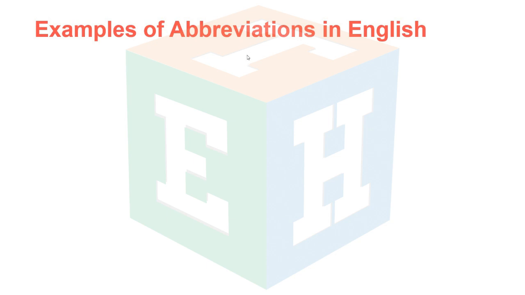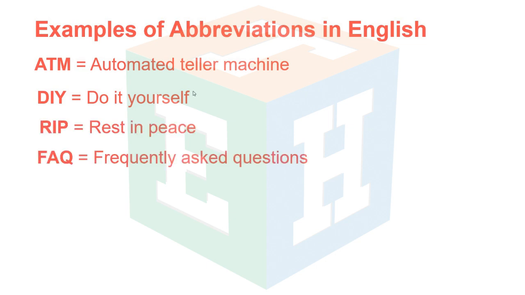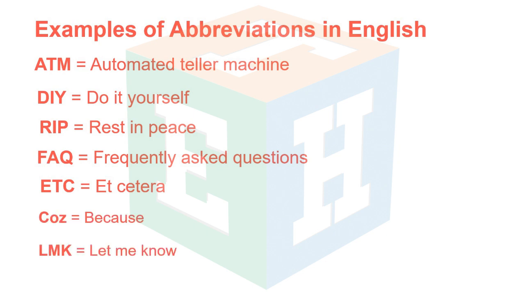Examples of abbreviations in English. ATM, automated teller machine. DIY, do it yourself. RIP, rest in peace. FAQ, frequently asked questions. ETC, etc. Cause, because. LMK, let me know.